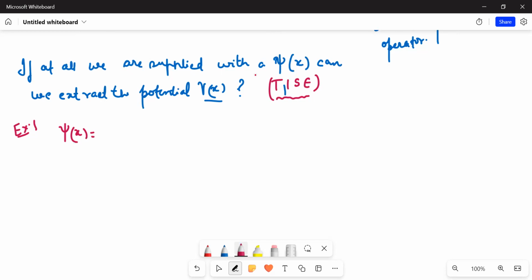So we are supplied with, let us say, a wave function given by a times e raised to the power minus b square x square upon 2. Obviously, here a and b are some constants.